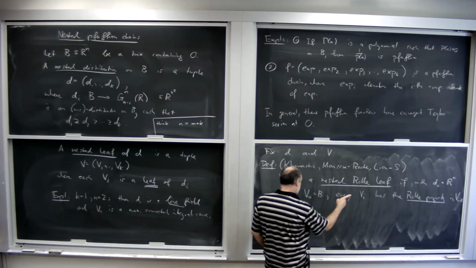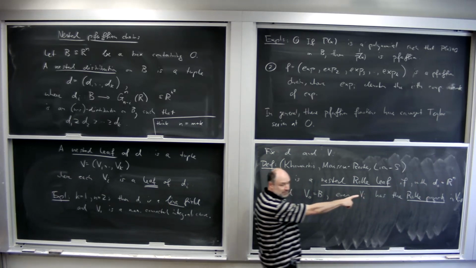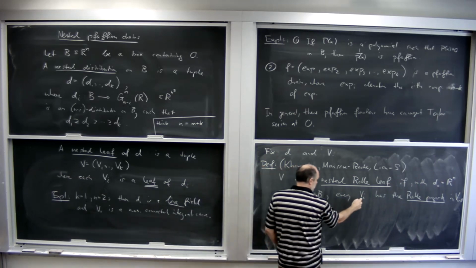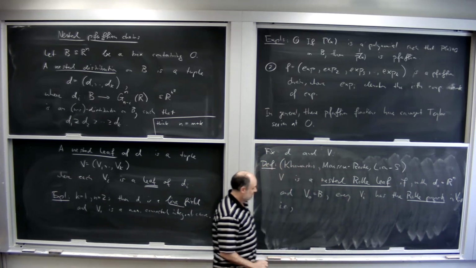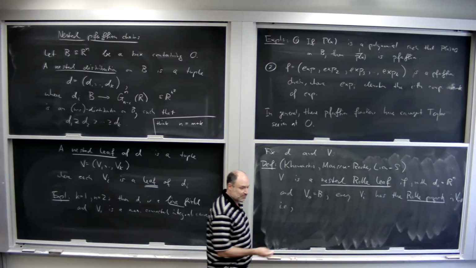It means that if I have a C1 curve in V_{i-1} which intersects V_i in 2 points, then that curve has to be tangent to D_i at some point.